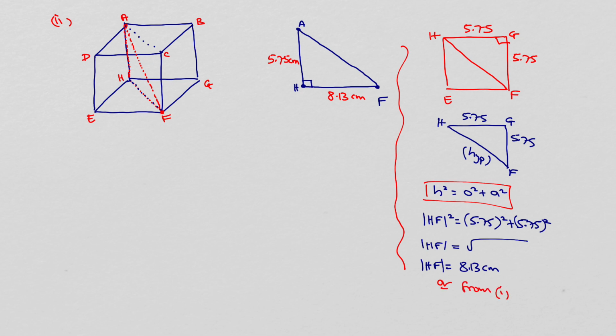Okay, so we can use the knowledge we already have found from the previous part. A to F has to be found, which is our hypotenuse because it's opposite the 90 degrees. And of course, then we have H squared is equal to O squared plus A squared.